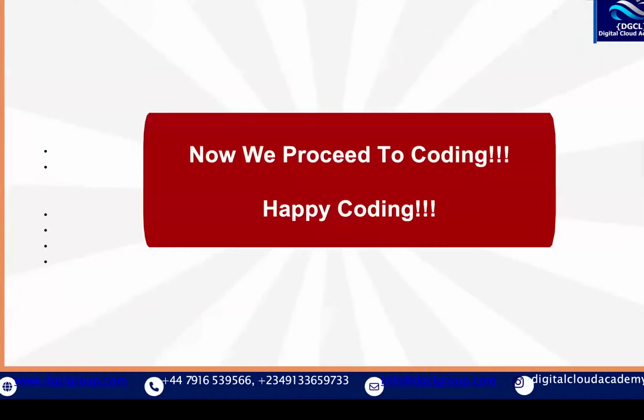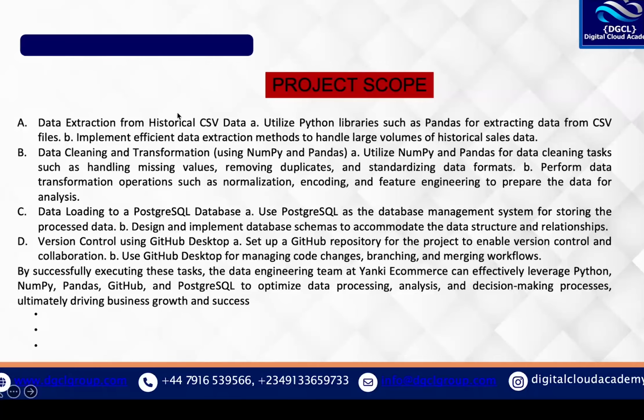So, project scope. Data extraction from historical data: utilize Python libraries such as pandas for extracting data from the CSV file. Implement an efficient data extraction method to handle large volumes of historical sales data.